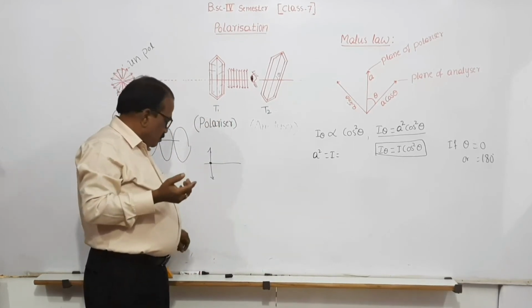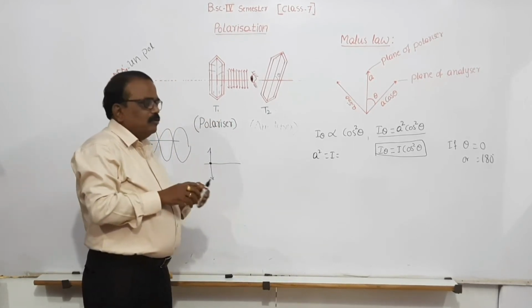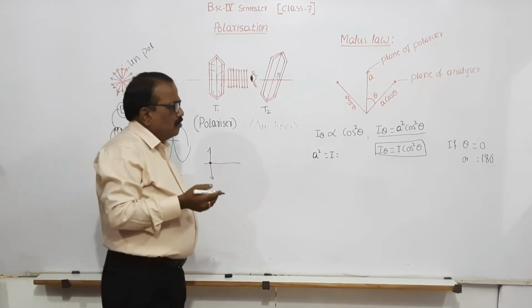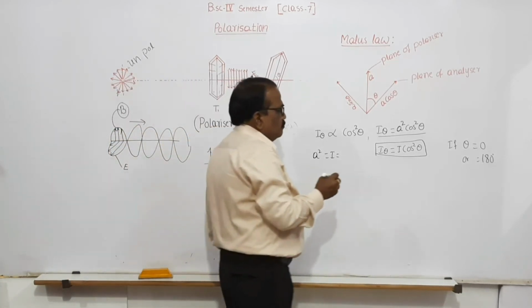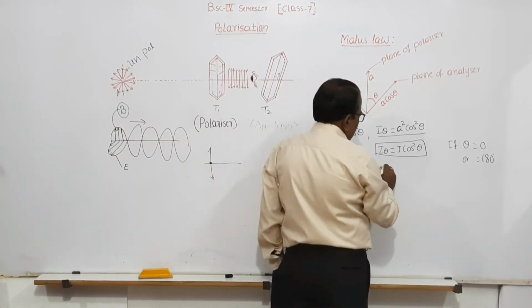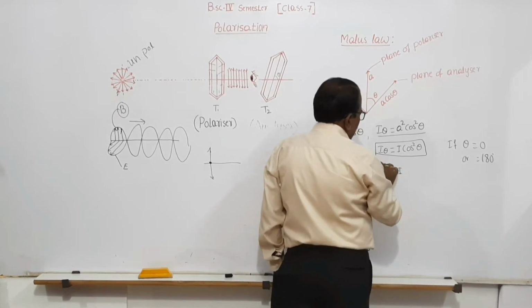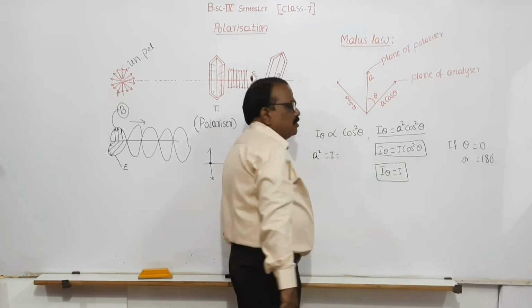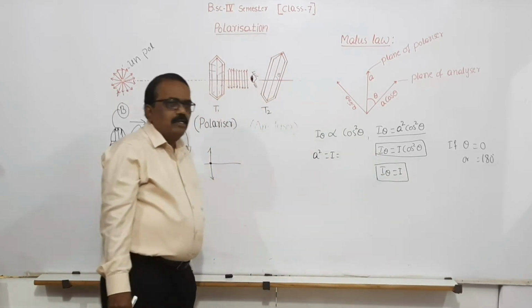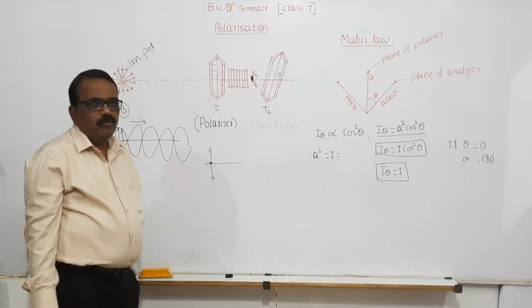So theta is 0 means cos 0 is 1, and 180 means it is also 1. Therefore I theta is equal to I. So light has maximum intensity when theta is 0 or 180 degrees.